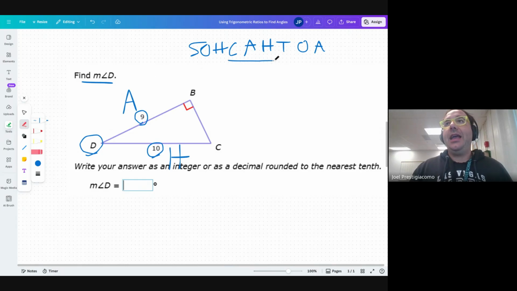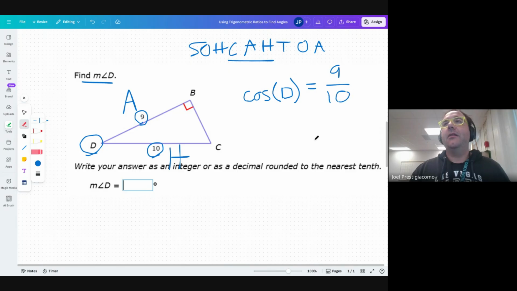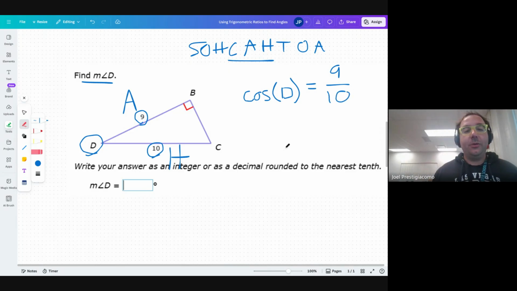CAH is what connects all of this together. So the cosine of angle D is going to equal the adjacent side of 9 over the hypotenuse 10. That would be the equation we set up.